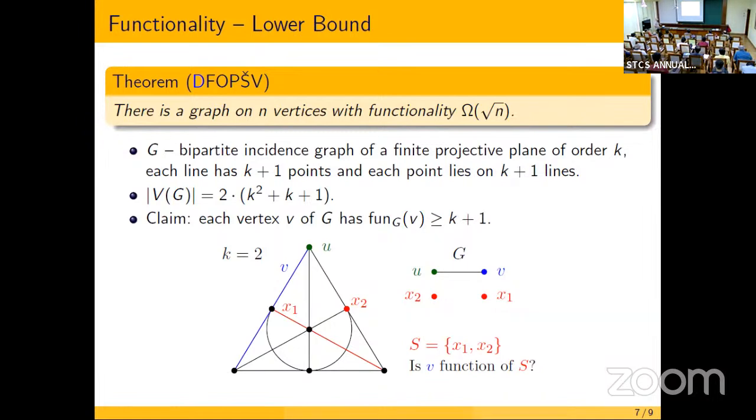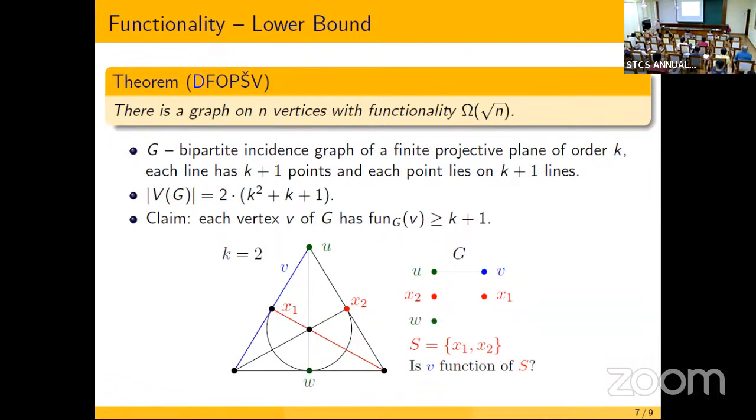We can find one vertex U which is on the line V, meaning it's connected in the graph. U and V are connected, but U is different from the point in S, and also does not lie on the lines in S. So here U is not on line x1, so U and x1 are not connected.